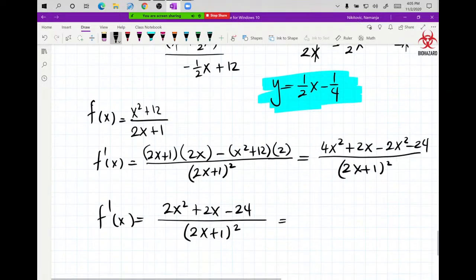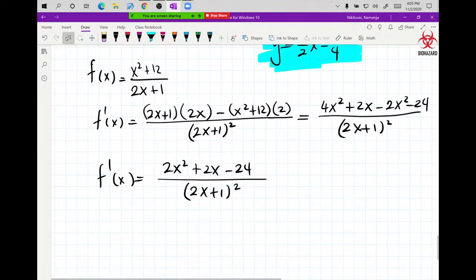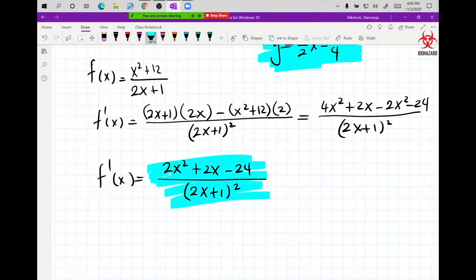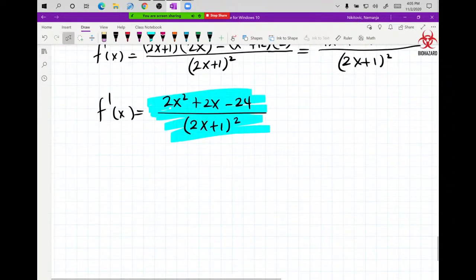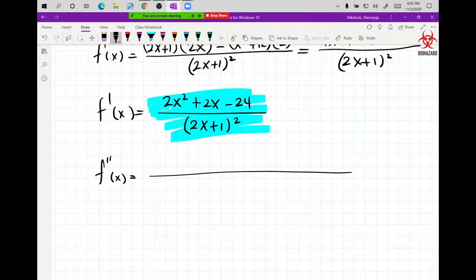So now we need a second derivative. So we're going to get this, there we go, blue, and then we're going to move to the second derivative, and the second derivative is, again, we have this 2x plus 1 now to the fourth power.